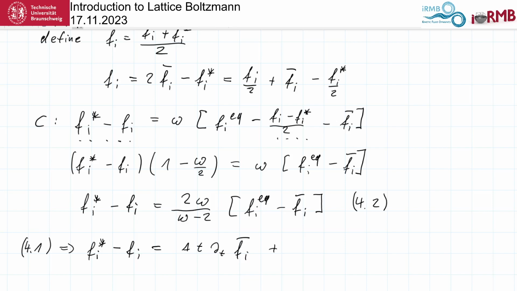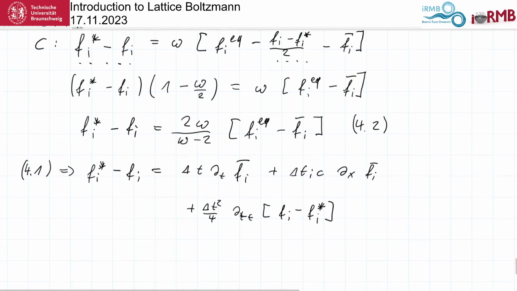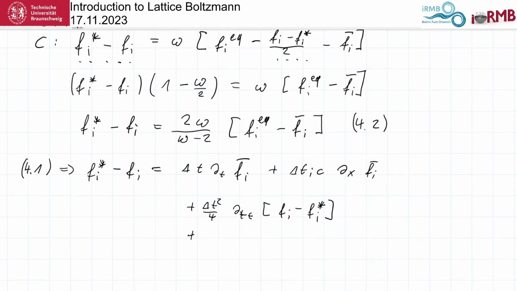Comes with plus dt ic dx fi overbar, because there was the same thing here, and then the rest goes like this: delta t squared divided by 4 dtt fi minus fi asterisk. So we'll identify that this is related to the collision operator, actually. I'll use this in a second.